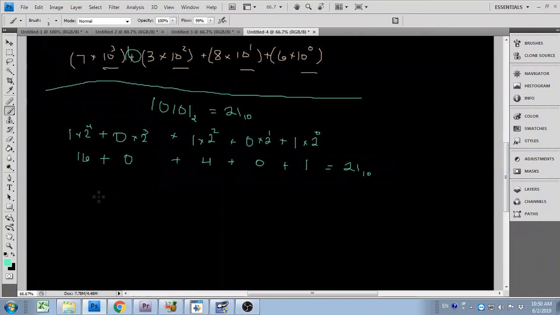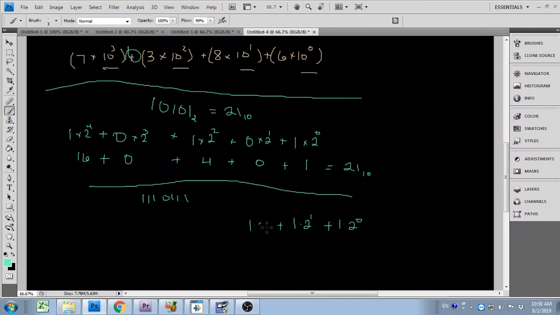Okay, so let's do 1 1 1 1 0 1 1 1, let's say. Okay, so we're going to write 1 times 2 to the 0 plus 1 times 2 to the first plus 1 times 2 to the squared plus 0 times 2 to the third plus 1 times 2 to the fourth plus 1 times 2 to the fifth plus 1 times 2 to the sixth.